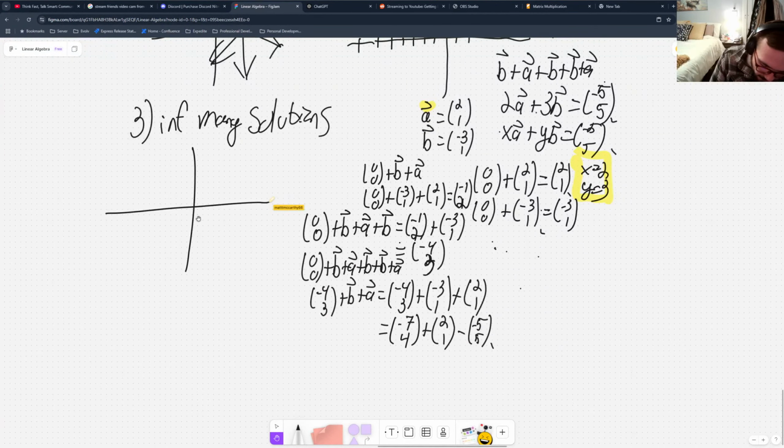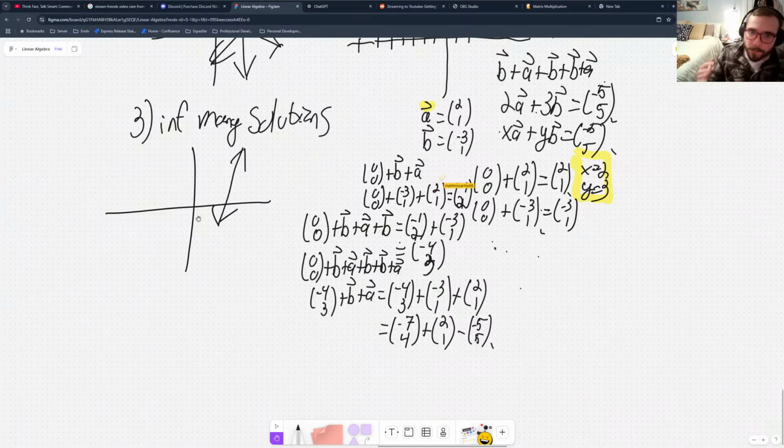Infinitely many solutions would be like if I have two lines that are the same line. If you graph them and they're actually the exact same line, then there's infinitely many solutions, because the lines cross at every point.